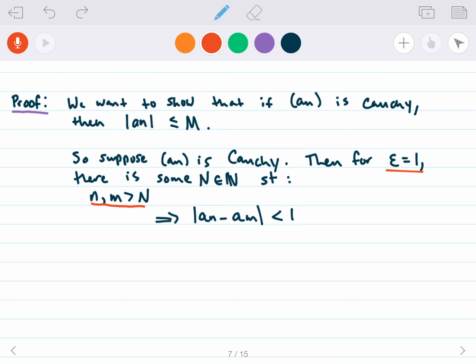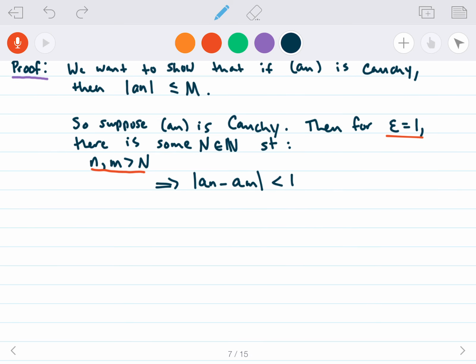Okay, so we know that this is true, right? This is just following from the definition of Cauchy. And so by the triangle inequality, we have the following. Well, actually, let's write it like this. So we want to consider capital N plus 1. This is certainly bigger than capital N, right? So it says for any n, m bigger than capital N, this holds true.